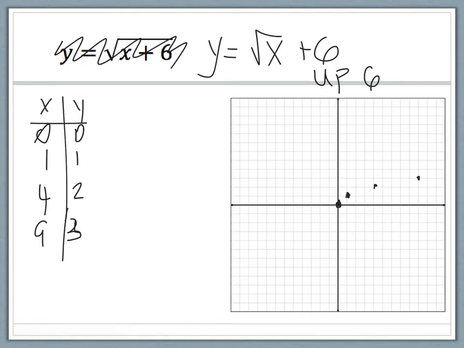And I'm going to shift all of those points up 6. So I'm going to go up 6 from that point. And there is our graph once we shift them up 6.